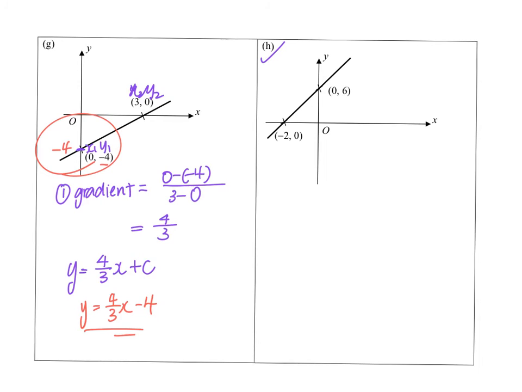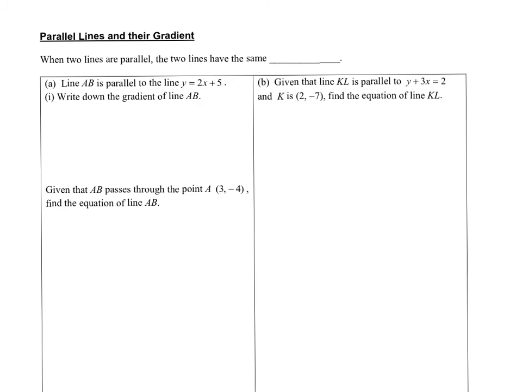So now let me go on to the next part of our concept, parallel lines and their gradient. Now when 2 lines are parallel, what does that mean? That means the slope is the same, right? So if the slope is the same, the 2 lines will have the same gradient. Okay, so line AB is parallel to this particular line.